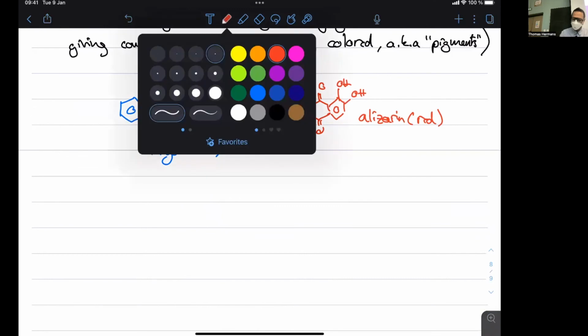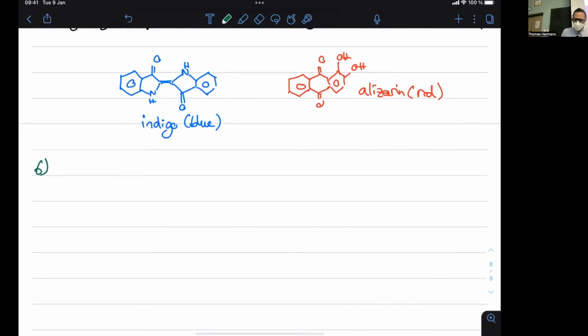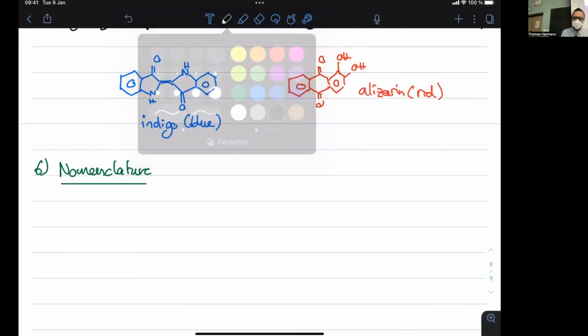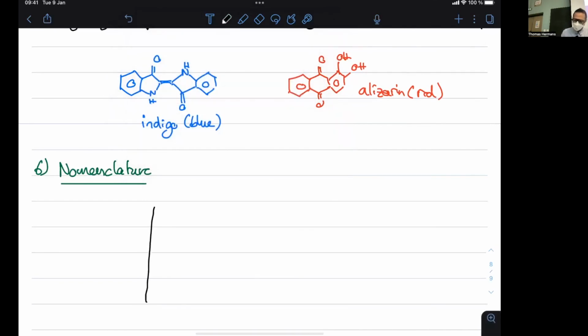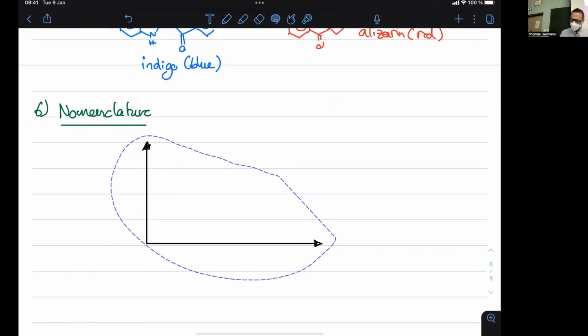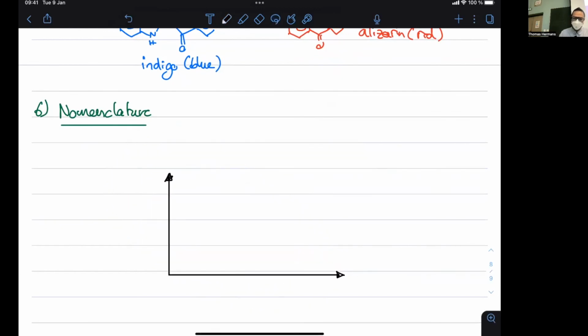Okay, we're getting to the last points. So something about how to call things. So horrible word, but it's the same in French, right? Nomenclature. So when we talk about UV-vis spectra, things can, under the influence of certain things, shift. Okay, wait. I'm going to draw this a little bit lower. Okay, so absorbance, lambda.